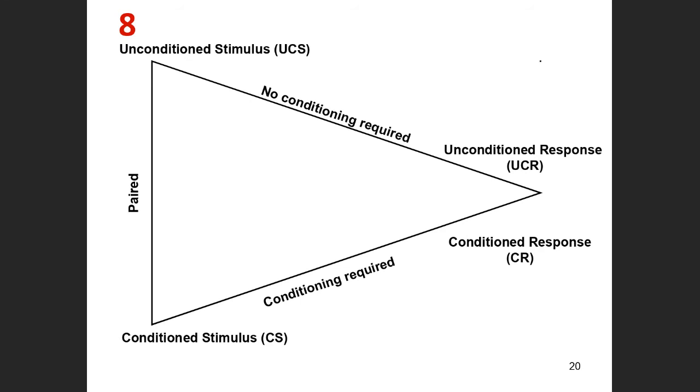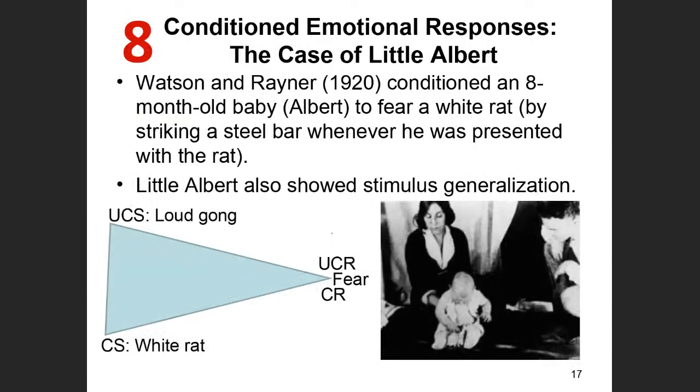I was going to go back up to Watson, who took Pavlov's research and applied it to children, and he conditioned them to be afraid of a white rat. How he did that was he paired a loud gong with the rat, and then the children became fearful of the white rat. A loud gong is something that little children would naturally be fearful of.